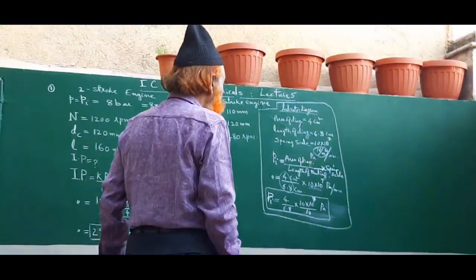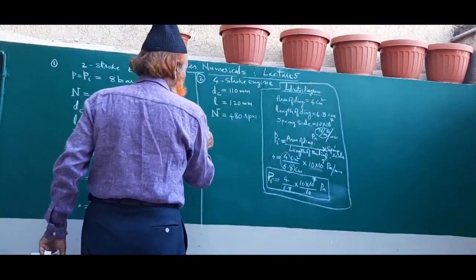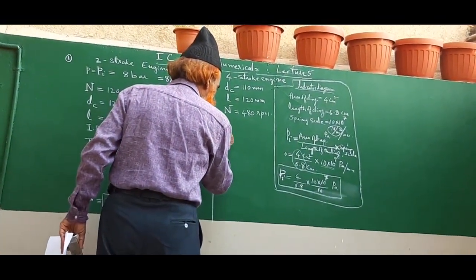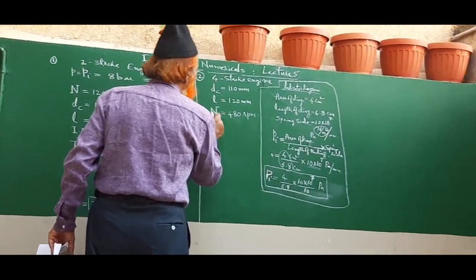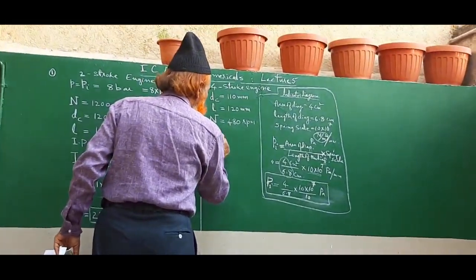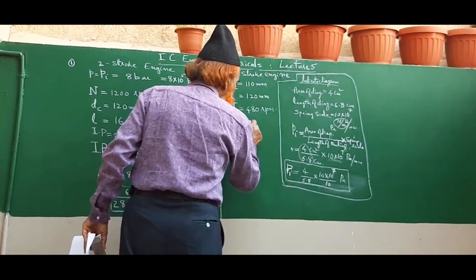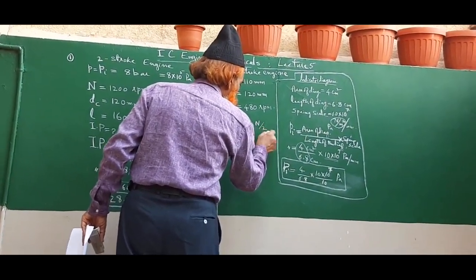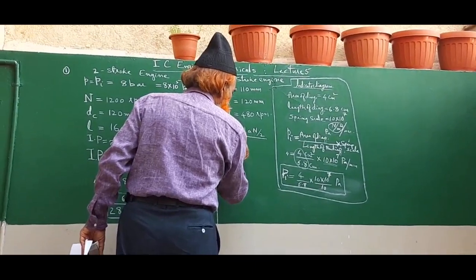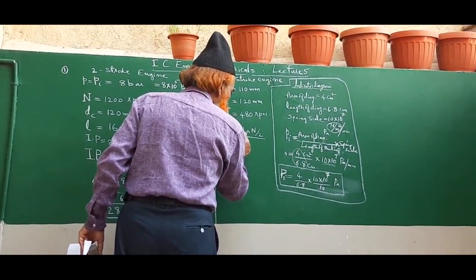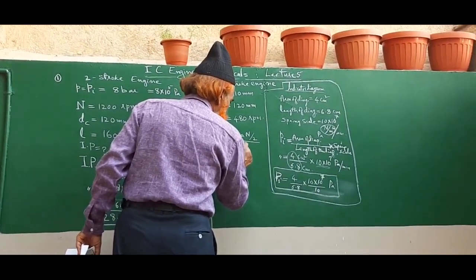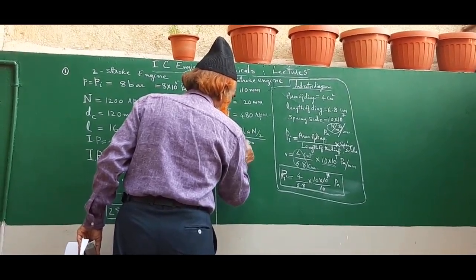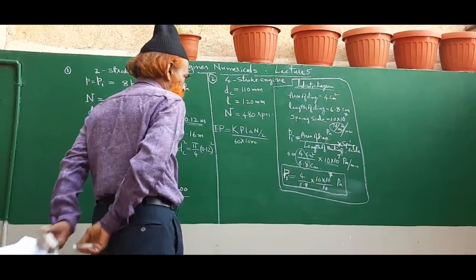Right? Then IP calculation we have to do. IP is equal to, now we can write, because it is a 4-stroke engine, therefore K plan by 2, divided by, if it is Pascal, divided by 1000, if it is RPM divided by 60. Therefore 60 into 1000 we have to divide. Right?